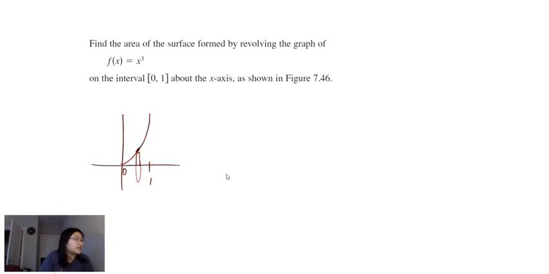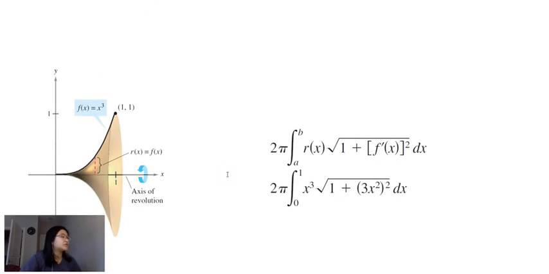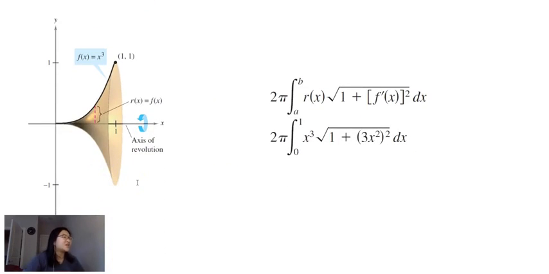We get an arc length there, and we have a radius, which is based on the distance from our axis of rotation to the curve, and that's just x cubed. If we had a different axis of rotation that was off of our coordinate axes, then we would shift this. And then we have the other part of our arc length stuff.